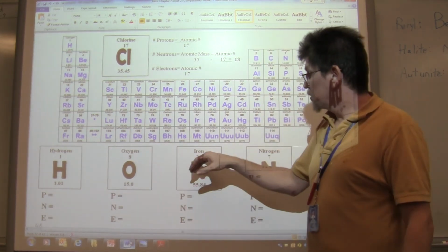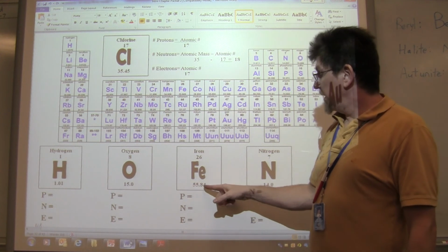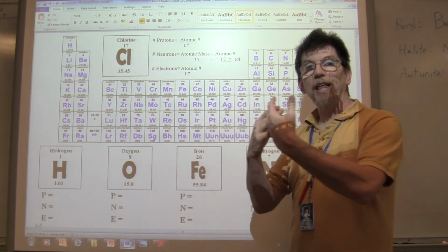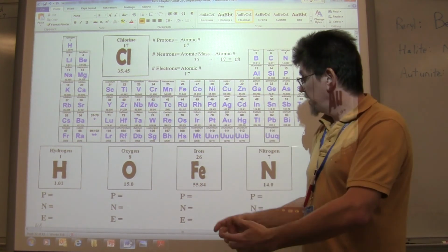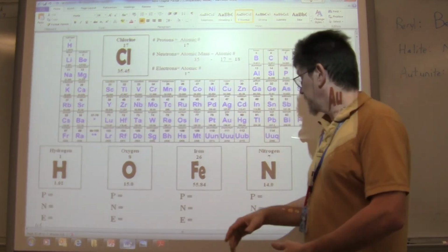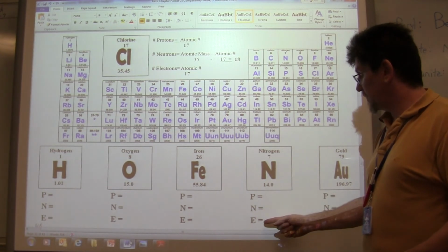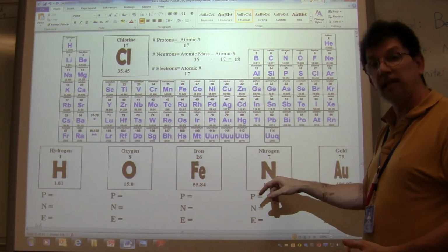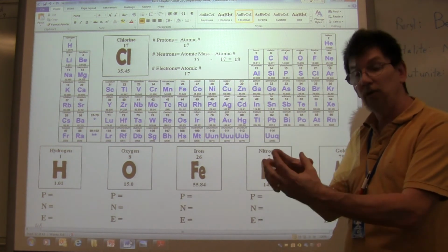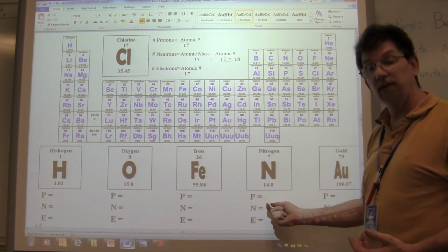Iron here, 26 is the atomic number, 26 protons and electrons. Atomic mass 55.84, round that off to 56. 56 minus 26 is 30 neutrons. Not too bad. Nitrogen, atomic number 7, 7 protons, 7 electrons. 14 is the atomic mass, 14 particles in the nucleus. 14 minus the 7 protons, you get 7 neutrons.